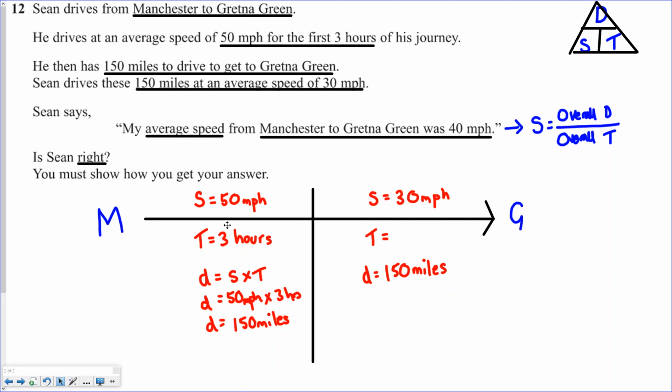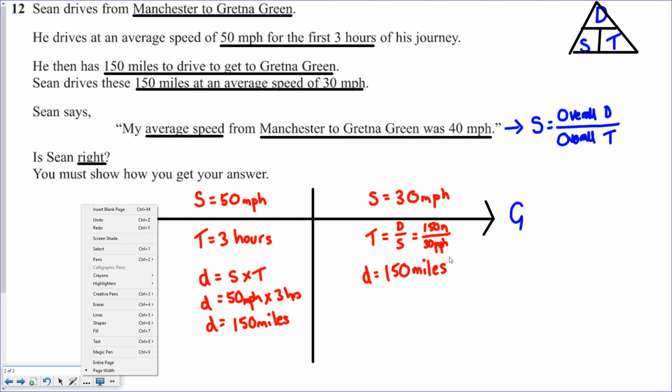Do we have the overall time? We have the time for the first part of the journey, which is 3 hours. We don't have the time for the second part of the journey. So time, if we cover up T, will give me distance divided by speed. Now the distance for this part of the journey is 150, this 150 here, so it's going to be 150 miles divided by the speed, which is 30 miles per hour.